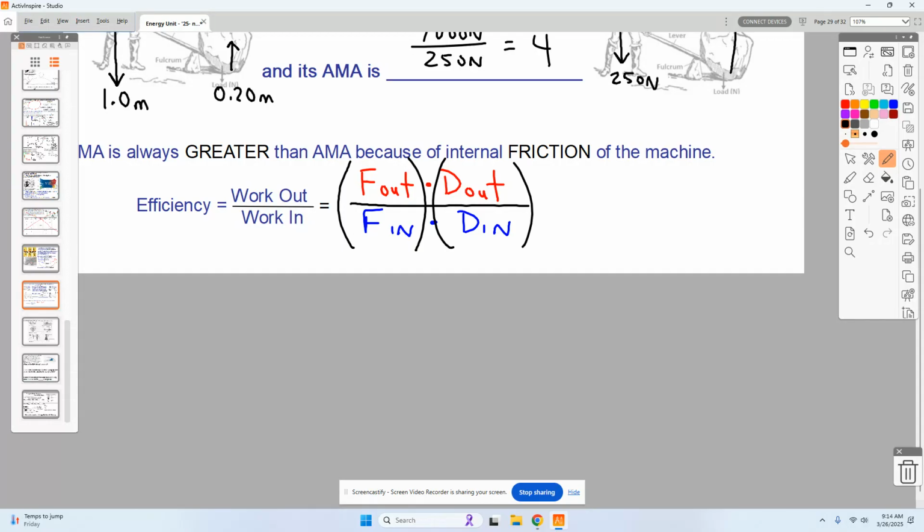What is this kind of quantity, F out over F in? It's over here. Is that what we call the AMA? Okay, so this right here is the AMA. Can you look and tell me what is this side? What is D out over D in? And don't say it's the IMA, because it's not the IMA.